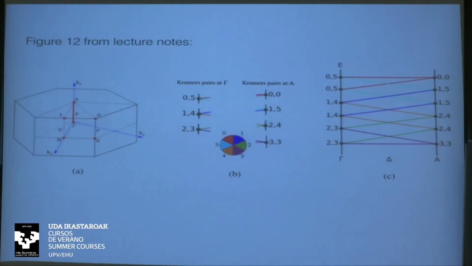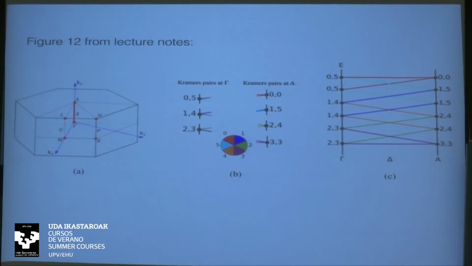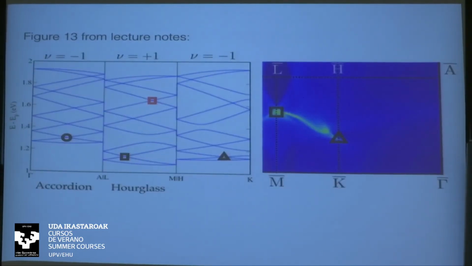And then you have to connect these states in a continuous way as you go from gamma to A. The only possibility to do this is in such a way where you have a minimum number of 5 band crossings. And because this looks a little bit like an accordion, we call this accordion states. And here the material is this gold trifluoride.